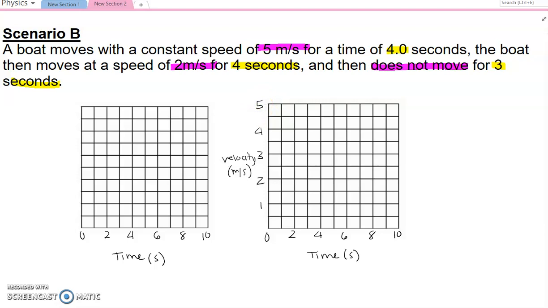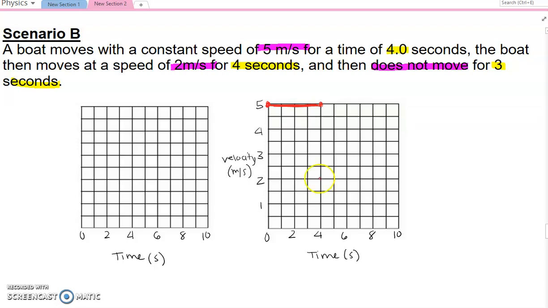Okay, now, if I'm traveling at 5 meters per second for 4 seconds, I start at 5 meters per second at 0 time. 4 seconds later, I am still traveling that speed, and I should connect these with a straight line. Then I move at 2 meters a second for 4 more seconds.